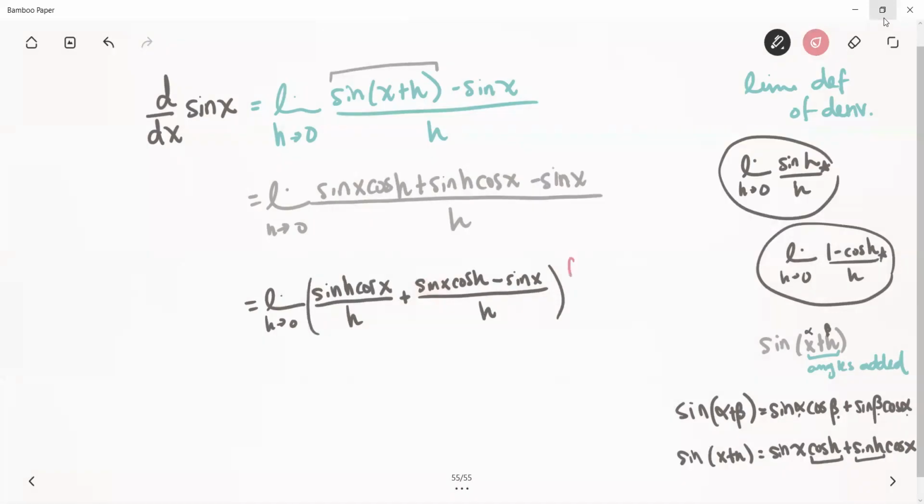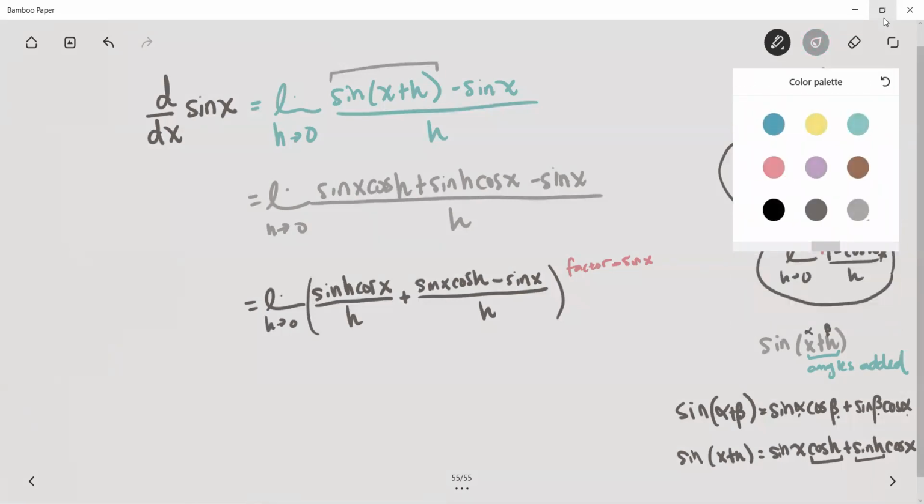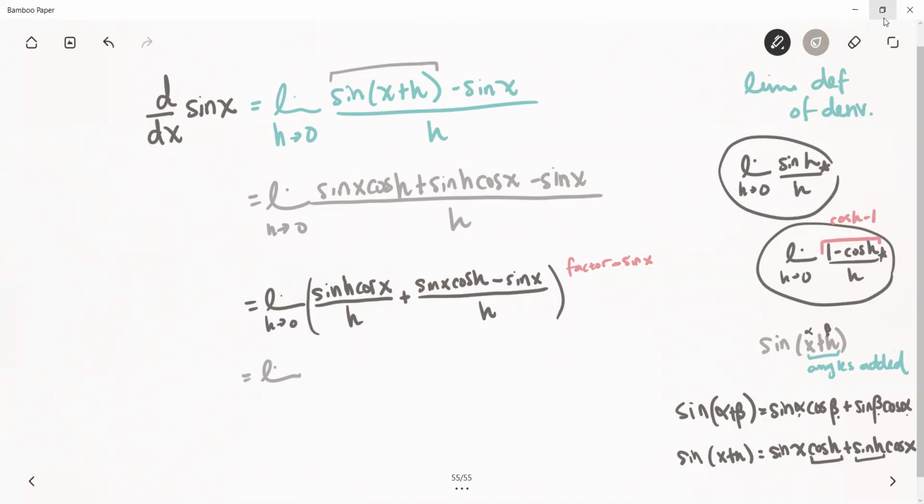So we're going to factor the sine of x out. And in fact, I'm going to go ahead and factor out a negative sine of x because that'll make it look like this. If I just factor out a sine, I see that I'm going to have cosine of h minus 1. So if I want it flipped, I better pull out a negative. Okay, so we're going to get limit as h goes to 0 of sine of h cosine of x.